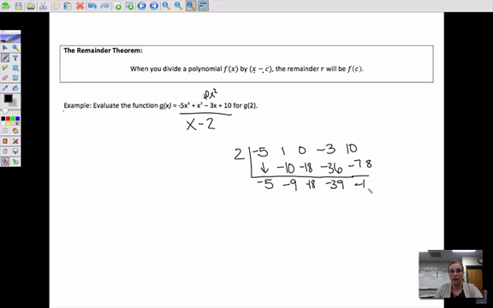Add that to 10 and I get negative 68. Right here is my remainder, which is the solution for g of 2. So meaning if you plug 2 into x here in this function, you would get negative 68 out. So g of 2 equals negative 68. And that's the basics of the remainder theorem.